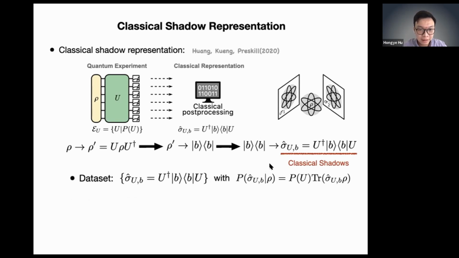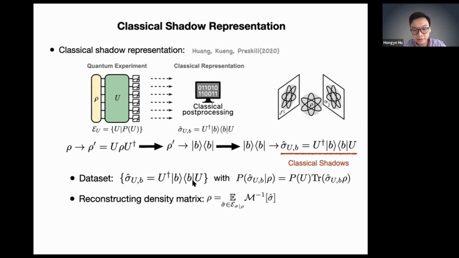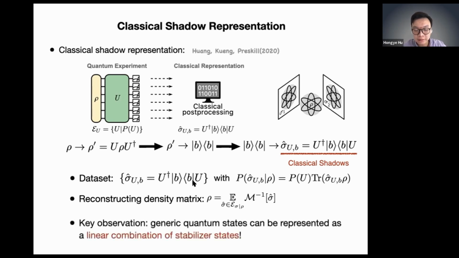It can be shown that the underlying state rho is just a linear combination of all these classical shadows. From this, we see a generic quantum state can be represented as a linear combination of stabilizer states, and this stabilizer set can be obtained from the experiments.